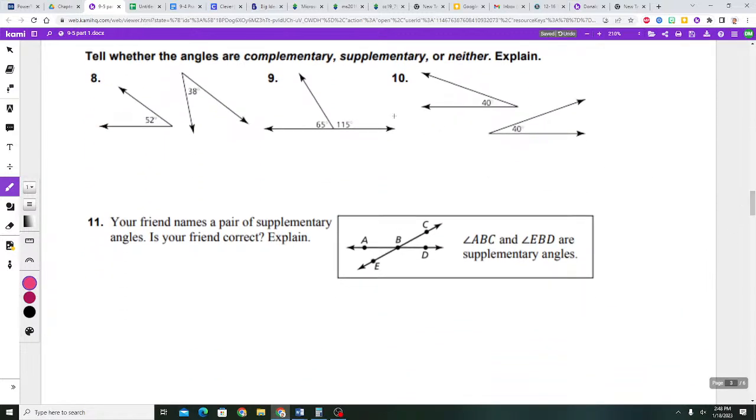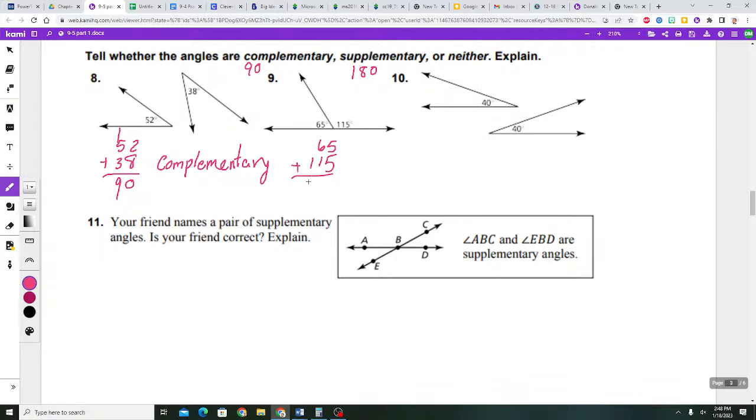Next, tell whether the angles are complementary, supplementary, or neither. Remember, complementary is 90 degrees, supplementary is 180 degrees. So we're going to do some adding. 52 plus 38. Drop the 0, carry the 1, that's 90. So these are complementary. Then we have 65 plus 115.